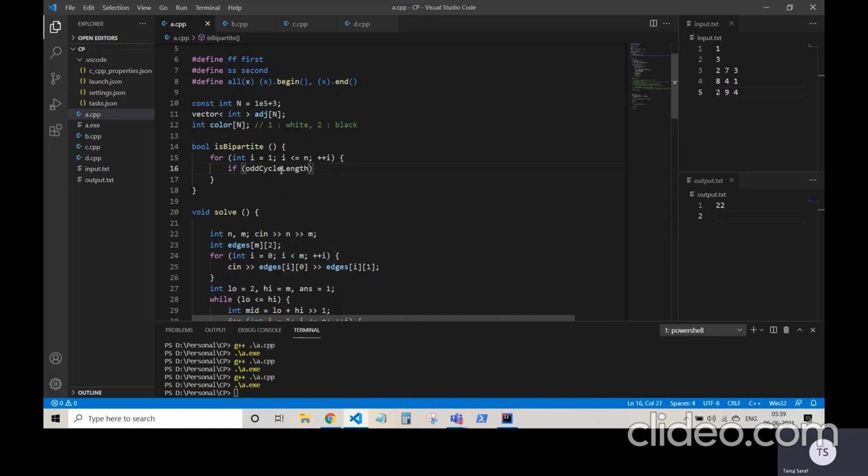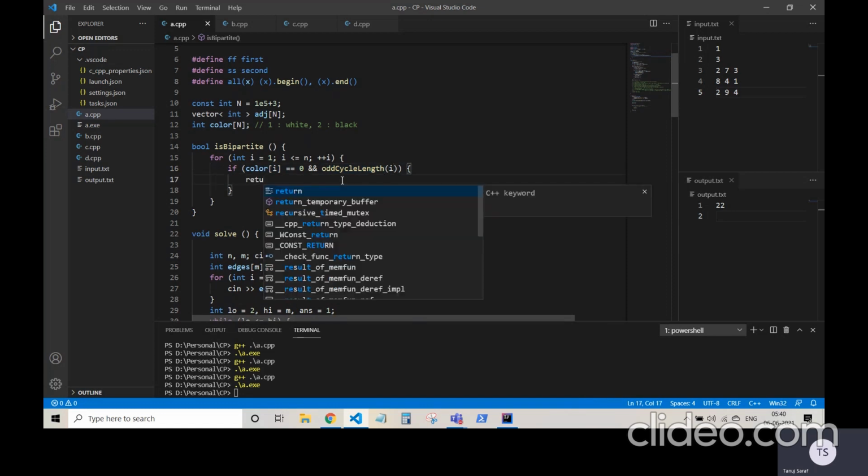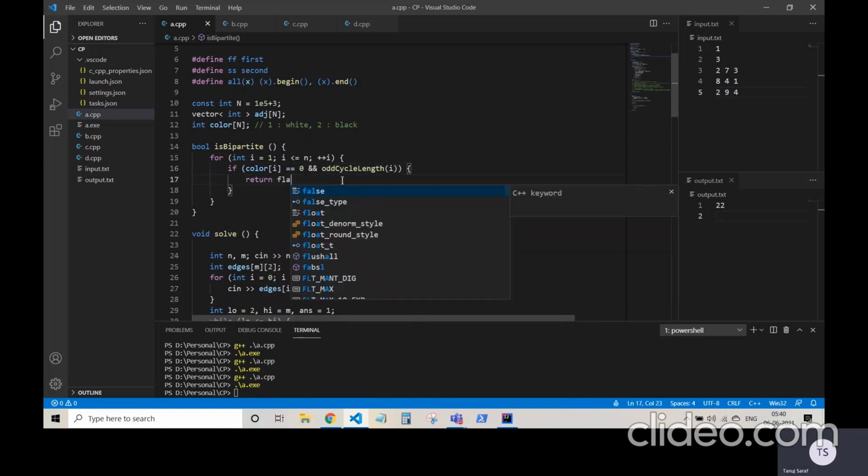So basically this is if we have an odd cycle length. So if we have an odd cycle length graph starting at this node, and if this node was not visited, so if color I is equal to 0, let's say that 0 denotes that this node has not been visited till now. And if we have an odd cycle length, then we say that this graph is no longer bipartite and we return false.